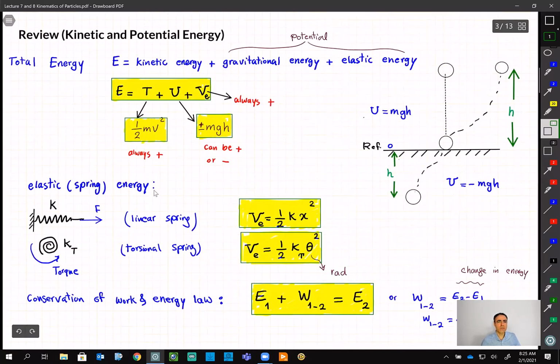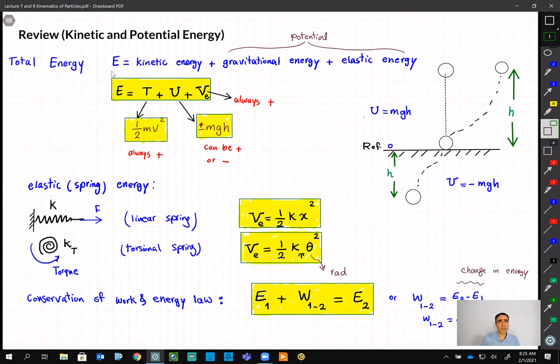And then it leads to the work and energy formula, where we have different forms of energy. We have kinetic energy when a mass is moving. We have gravity, which is a potential energy, and elastic energy when we have a spring.